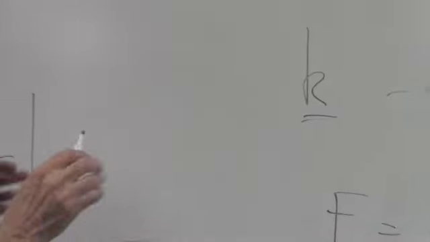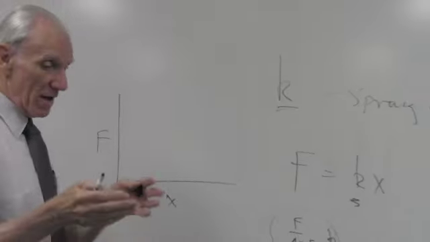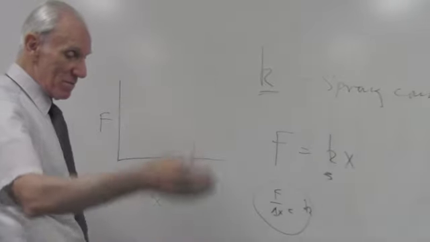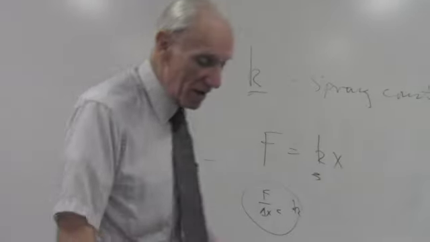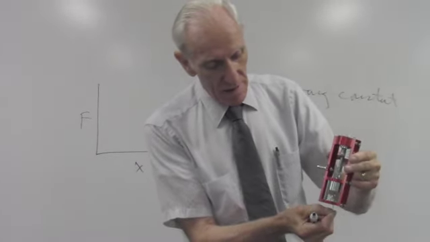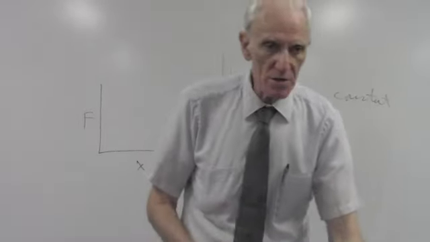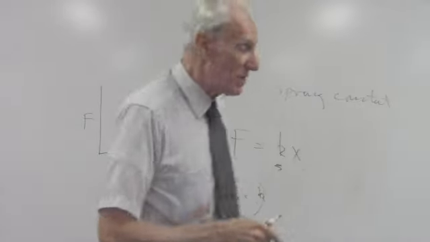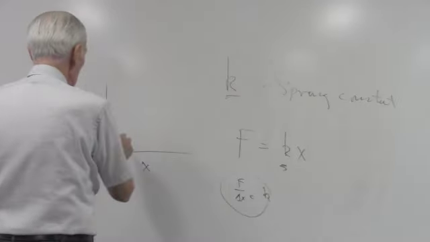So this simple experiment is: hang this up on a stand, put a weight pan down here, we'll show you that in a minute, and pull it out until it's stretched to a certain reference position, which we're going to look at.